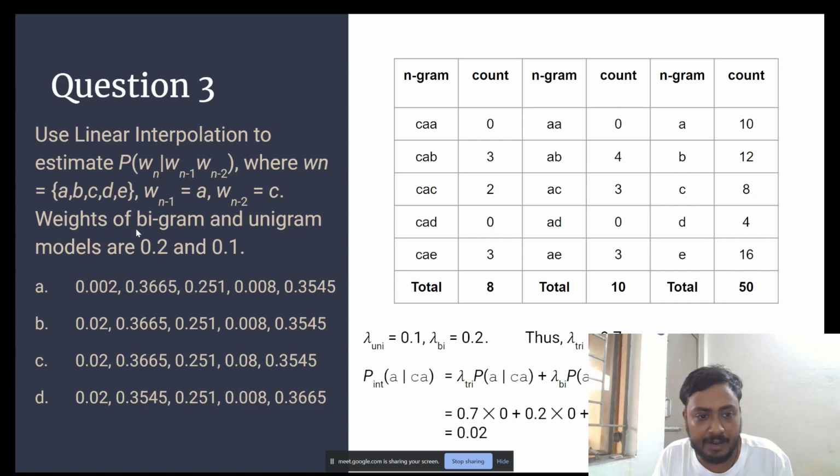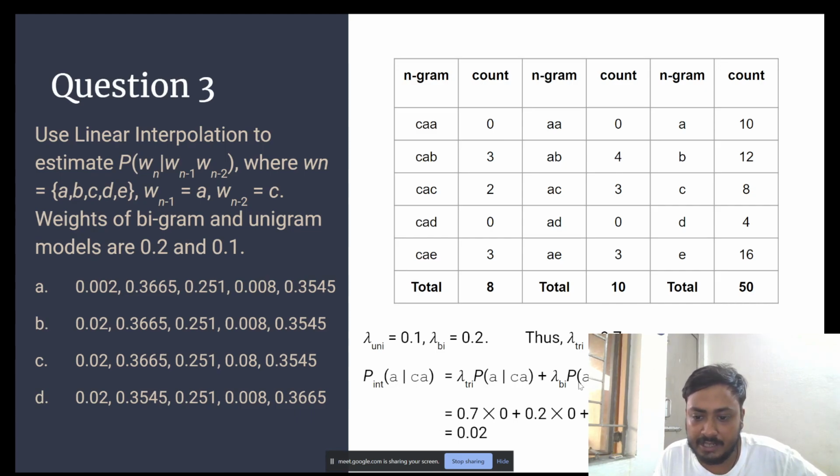Now they have already mentioned that the weights of bigram and unigram are 0.2 and 0.1, so the trigram is 0.7. Now firstly we want to do A given CA. If you have a look over here, A given CA is 0, so no use of the trigram estimate.